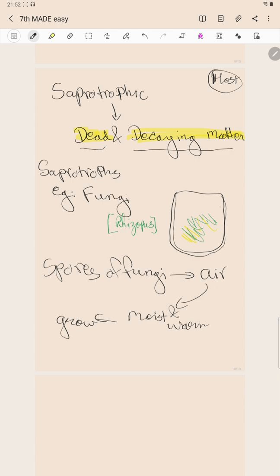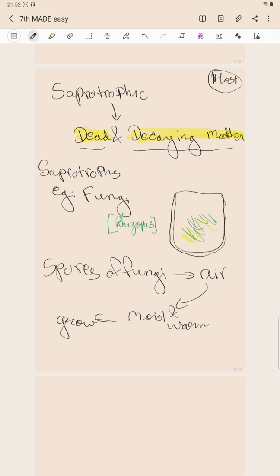The bread was kept moist, with a few sprinkles of water dropped on it, so it's moist and warm, and it was kept for 2 to 3 days. The spores settle on the bread and start to grow, and then the discoloration appears. That is what we saw in the case of the bread. So this is the saprotrophic mode of nutrition, where an organism depends on dead and decaying organisms for its food.